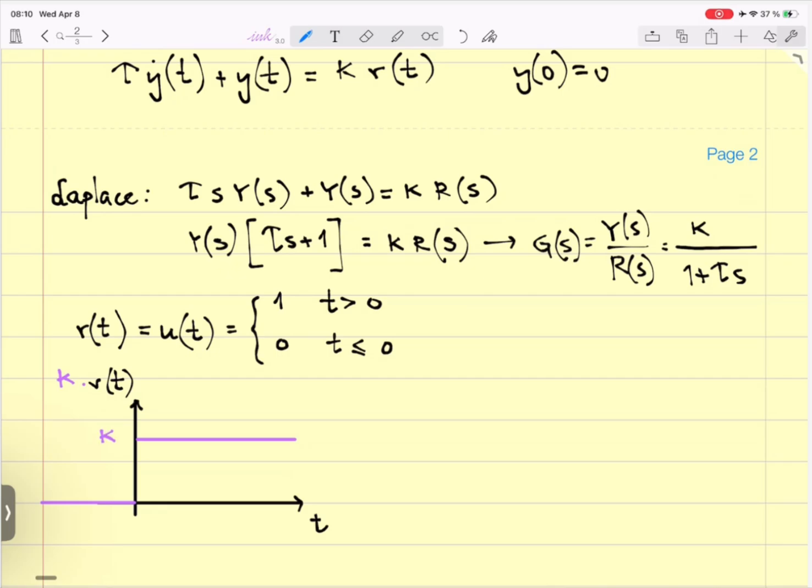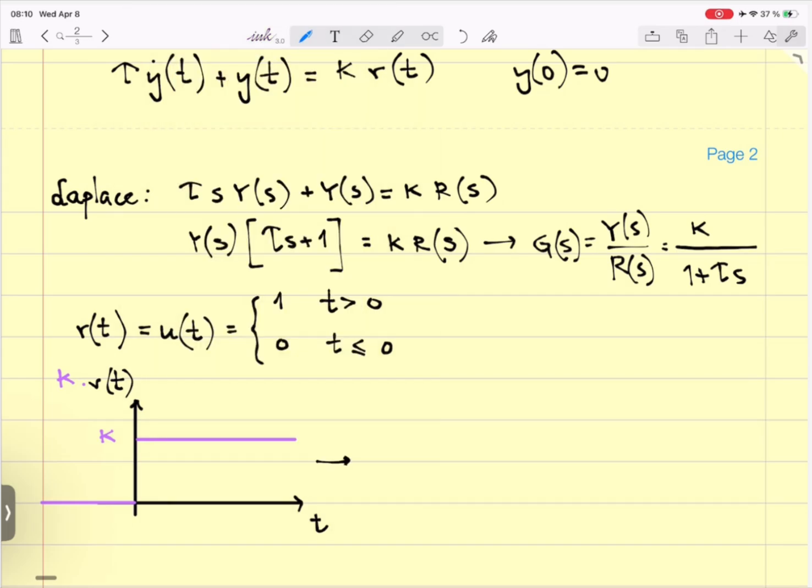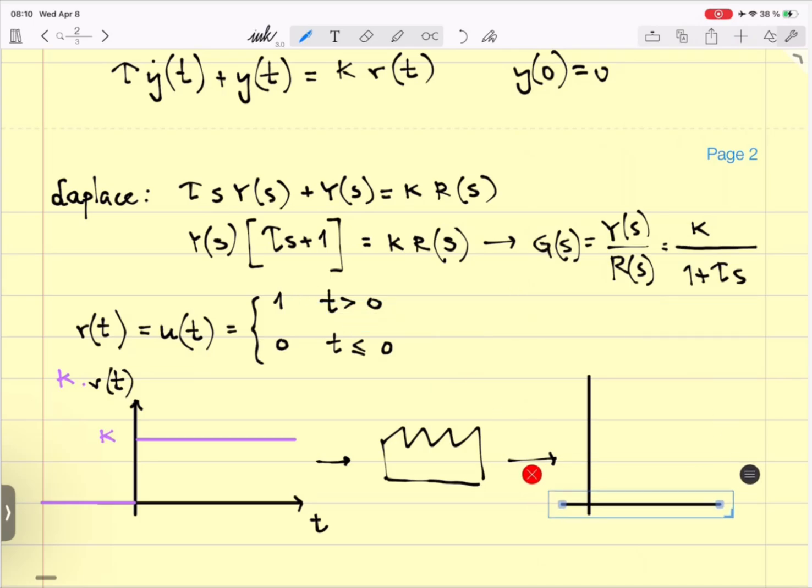Okay, so we are inputting this into the factory, and what we want to know is what is the output behavior. Okay, we want to know what is the output behavior.